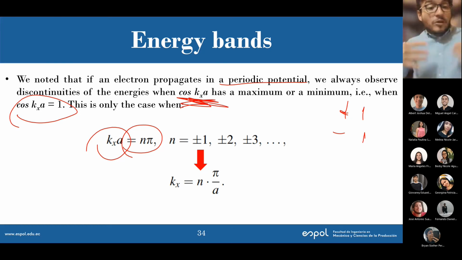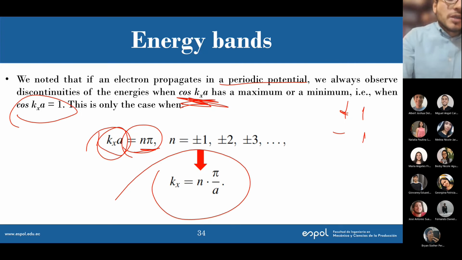So the maximum or the minimum will be satisfied as long as kxa is equal to n pi, n being any positive or negative integer. Therefore, I get that the wave vector is equal to n times pi over a.